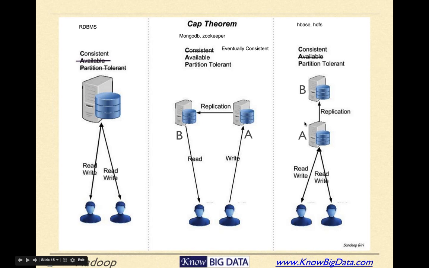So this kind of architecture is partition tolerant, as in if A goes down, there is B. If B goes down, A is anyway functioning fine, but it's not available in the sense that A is a bottleneck.